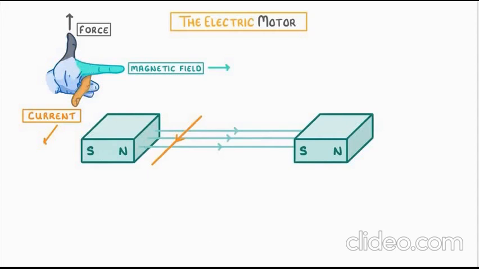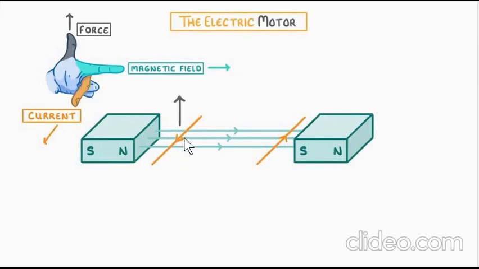So you can see over here I have placed this left hand in the direction of the current and the magnetic field as shown. So what will be the direction of force? The direction of force will be upward as shown by the thumb, right? So what if I place another wire, and in this wire the direction of current is just opposite to the direction of current in the first wire.